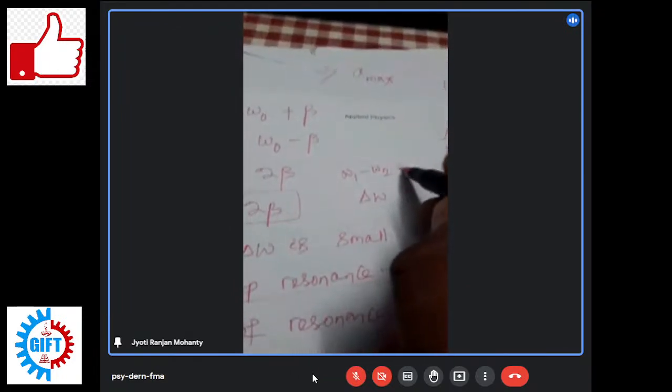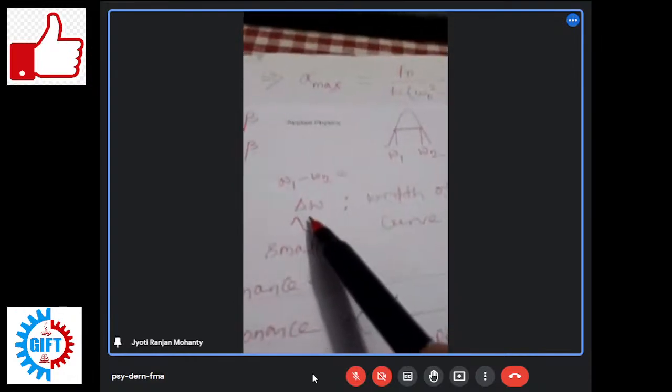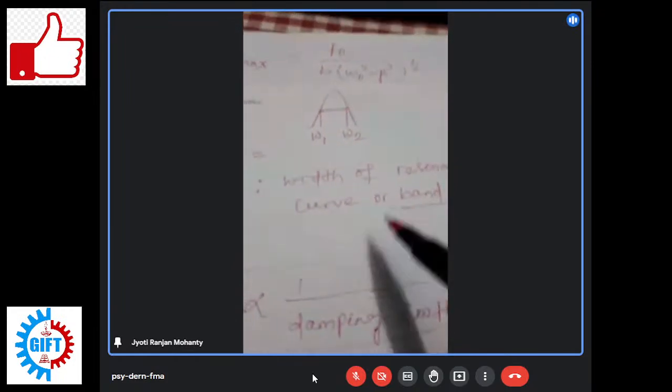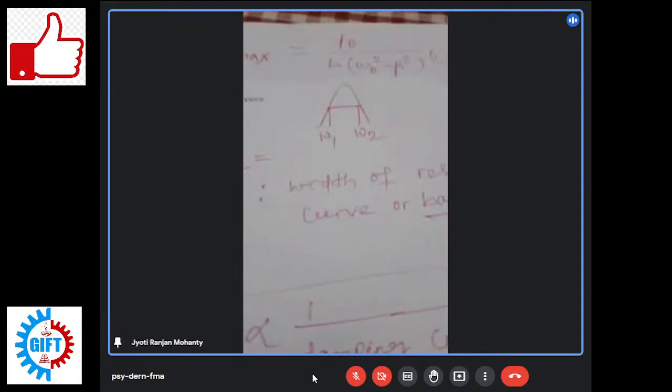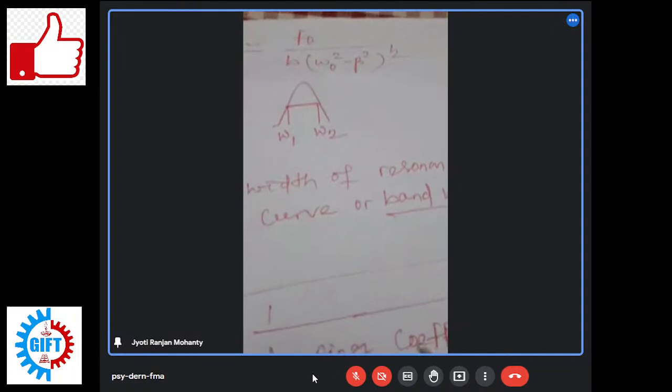Omega 1 minus omega 2 is equal to del omega is equal to 2 beta, where del omega is known as width of the resonance curve or bandwidth.